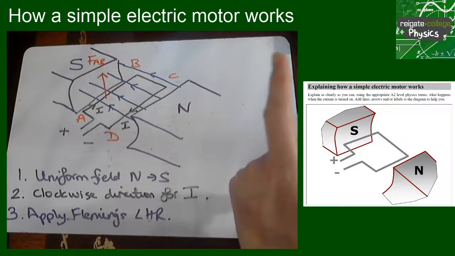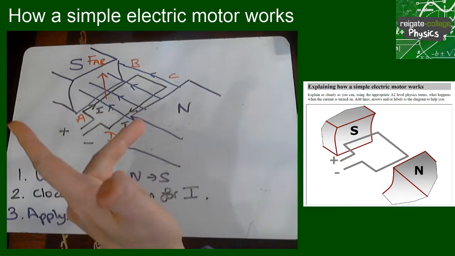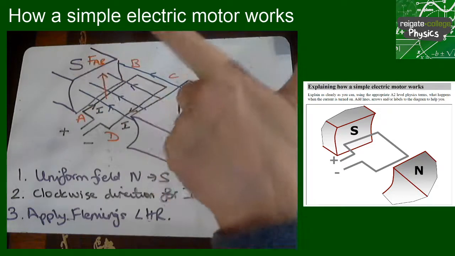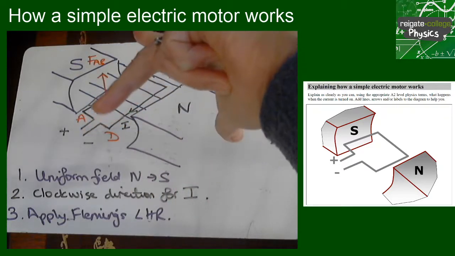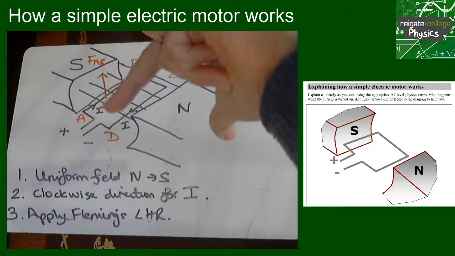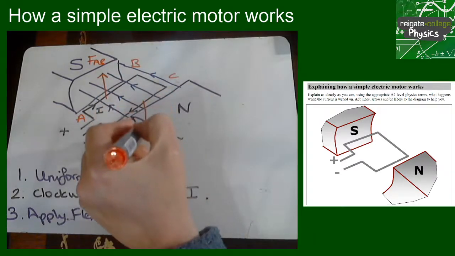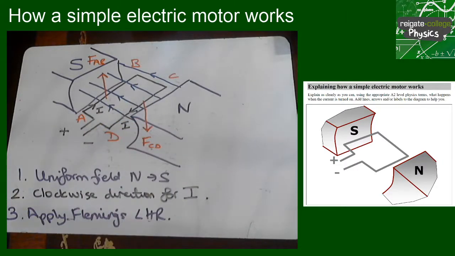You would then apply Fleming's left-hand rule to side CD. This time our field is going from north to south, but our current is now going back down the page, which means my thumb is now pointing into the whiteboard. So my force for side CD then goes down the page.